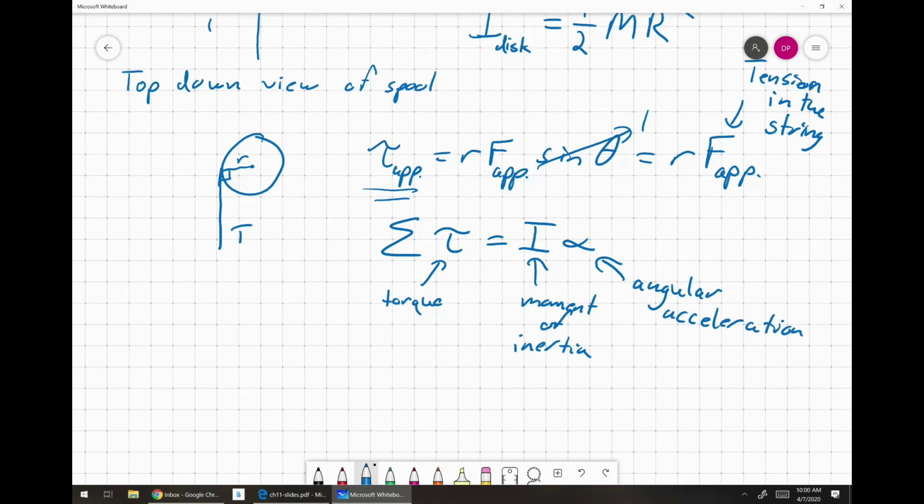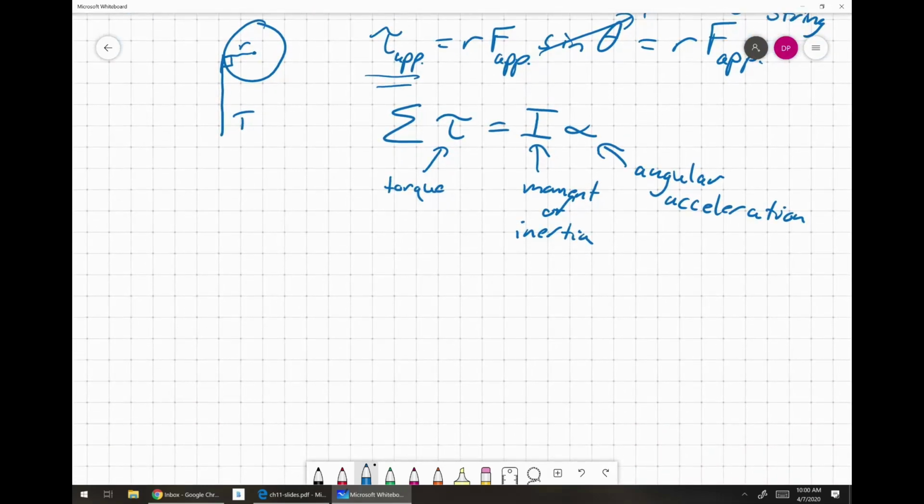Okay, so we can use this formula and our knowledge of forces and systems that are linearly accelerating, and we can end up actually deriving an expression here for what the moment of inertia of our system should be.